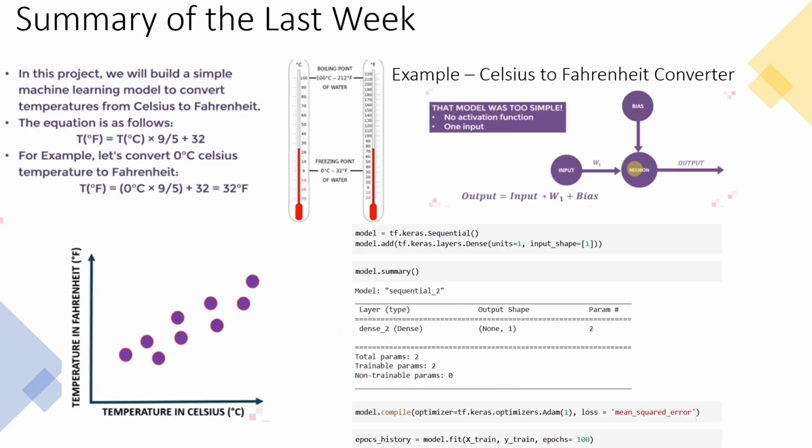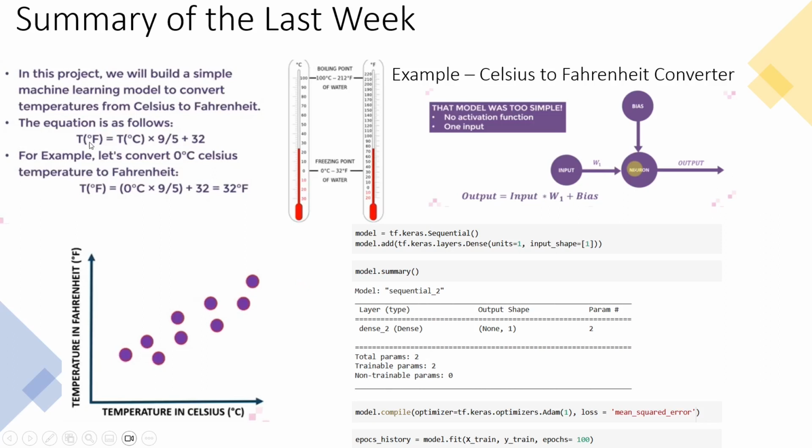Then we made a very simple example where we had just one neuron. Okay, we tried to solve the problem of converting Celsius to Fahrenheit. You can think of this as a linear regression problem. You have one independent variable, and we are trying to find a line, y equals a times x plus b.